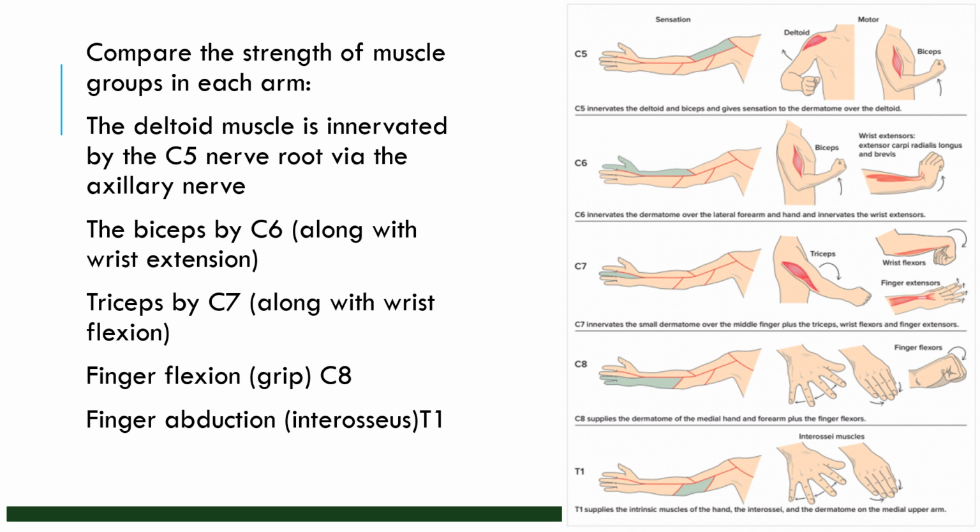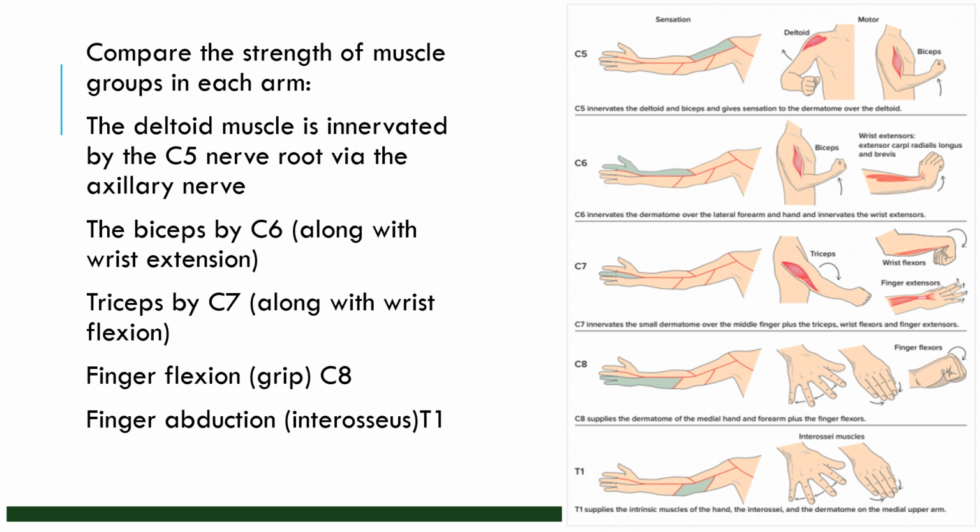We do strength testing in the upper extremities and the lower extremities, comparing the strength from side to side. And this is a discussion of the spinal myotomes of the upper extremity motor groups.